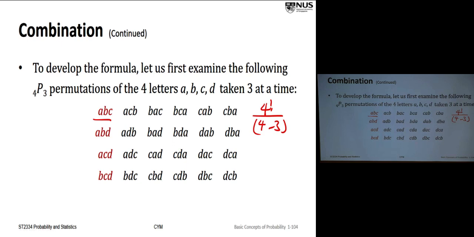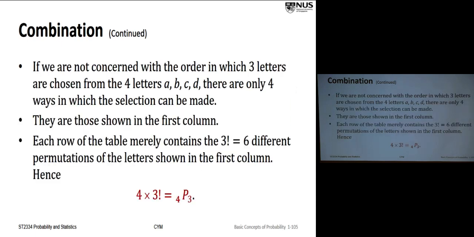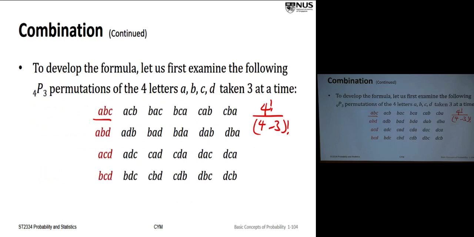So N minus R factorial. So there are four ways. Right? So A, B, C, A, B, D. So altogether there are 4.